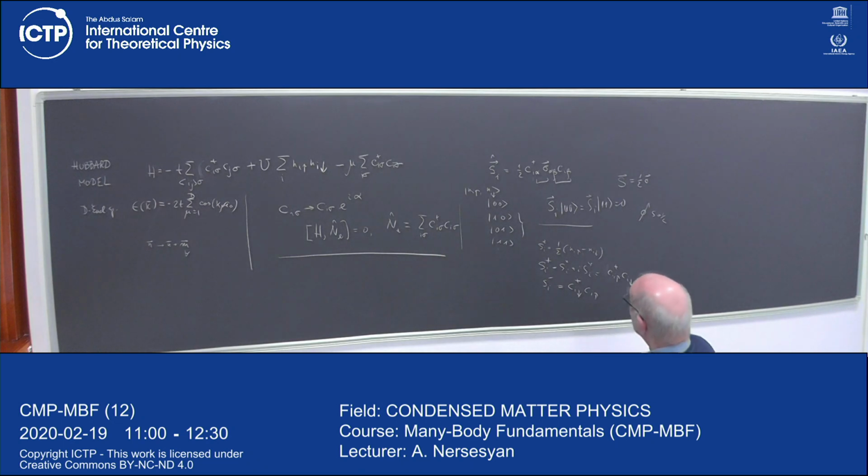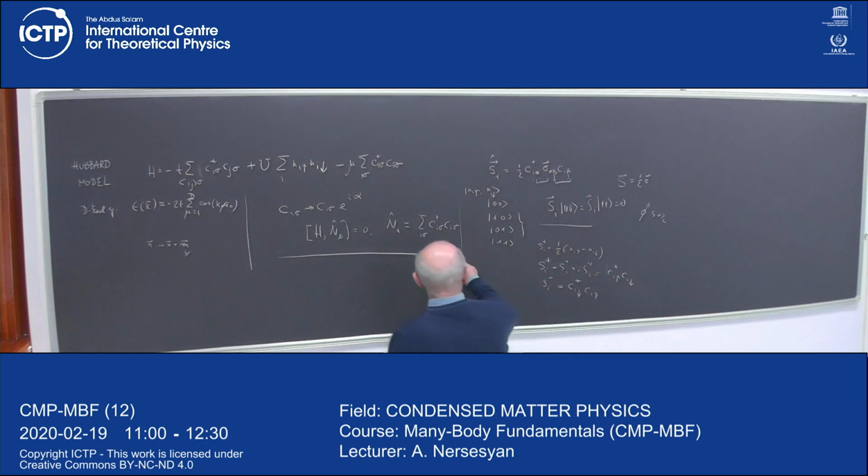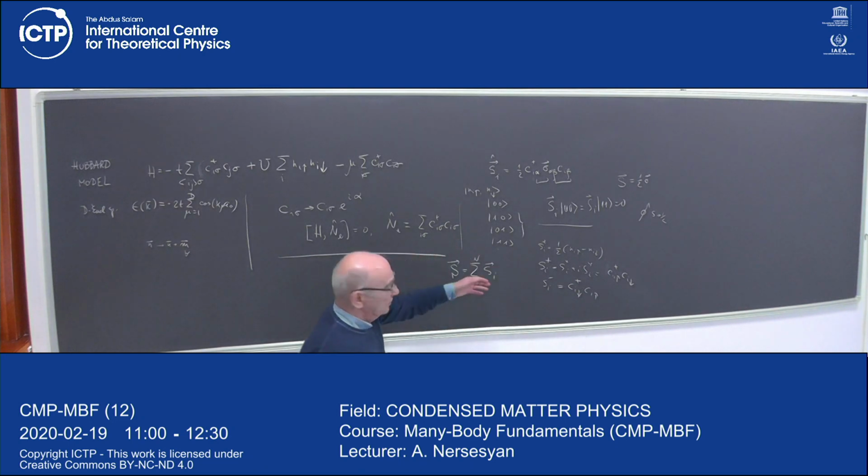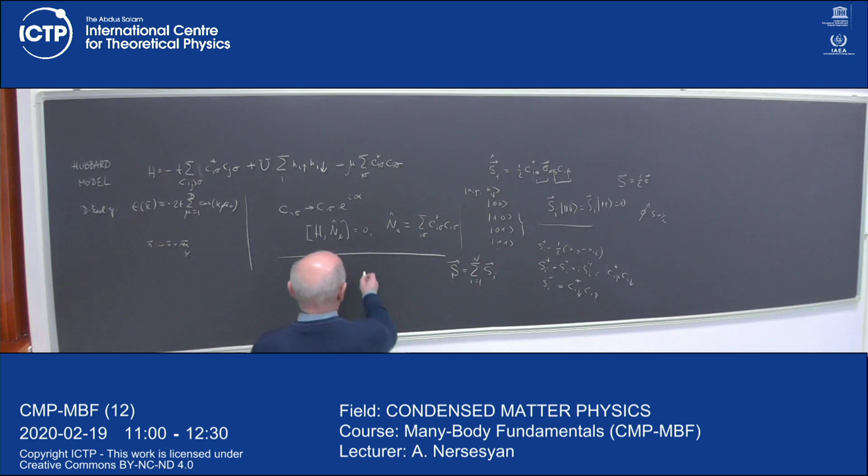Well, now what you can do, you can build up the total spin operator, sum from 1 to N_s, and take any of these 3 components, it's a vector having 3 components. What you immediately find out, not immediately, it takes some effort, is that the total Hamiltonian commutes with the total spin.